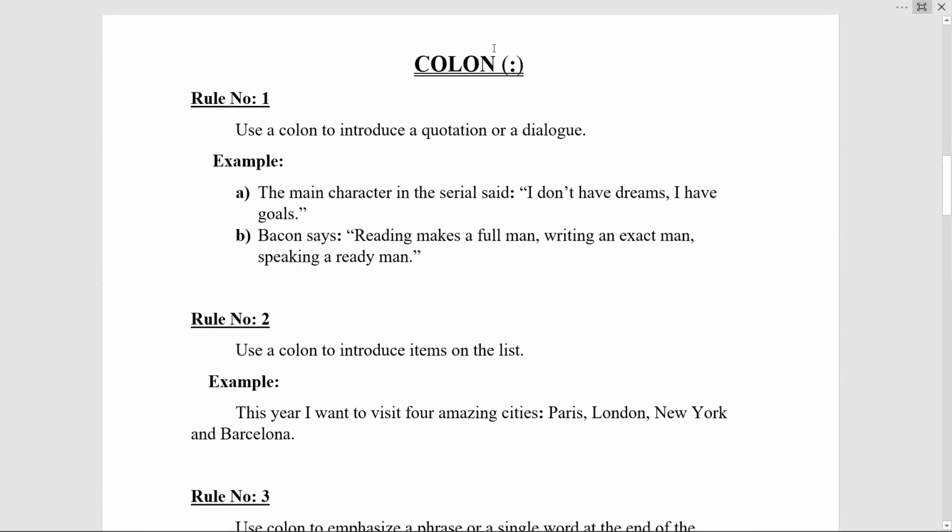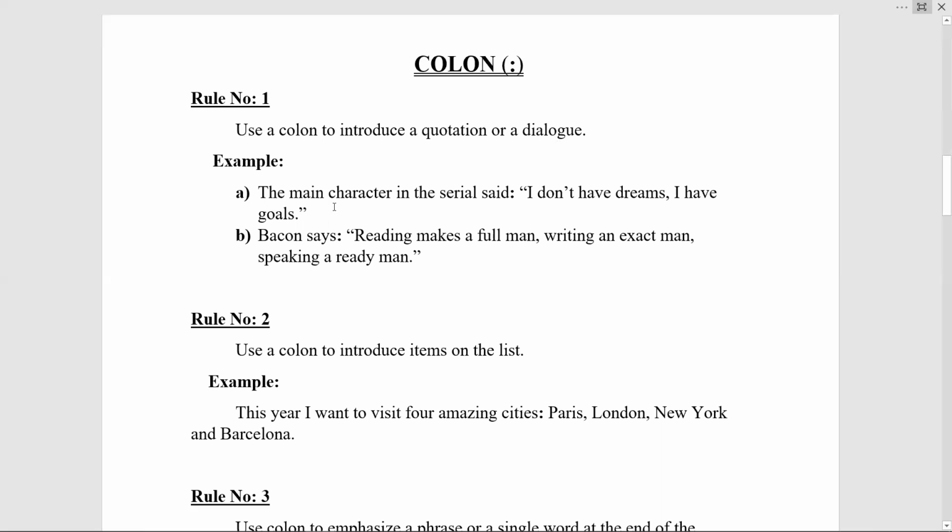This is the sign of colon. These are two equally sized dots centered on the same vertical line. We are going to discuss some rules; some are going to be new for you, and some you already know subconsciously. Here's rule number one: use a colon to introduce a quotation or a dialogue.